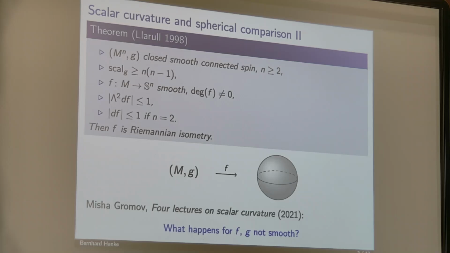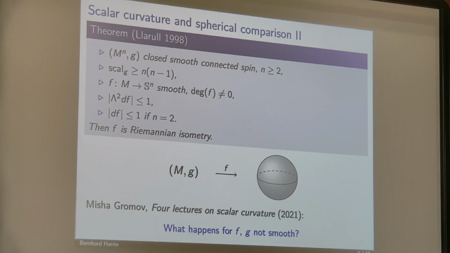We take a closed smooth connected manifold M of dimension n at least 2, and we assume that the manifold admits a spin structure. This means that the first and the second Stiefel-Whitney classes vanish, or the manifold is orientable and the second Stiefel-Whitney class vanishes. And again, I have the scalar curvature comparison to the scalar curvature of the round sphere.